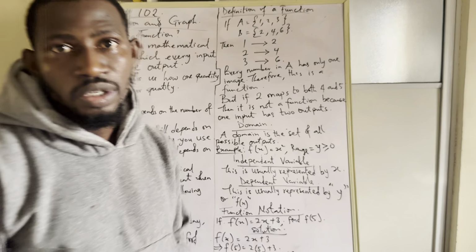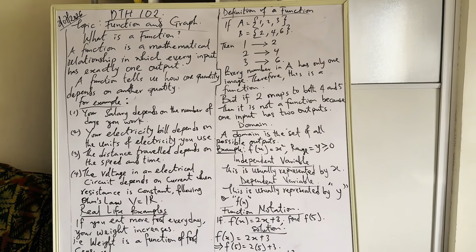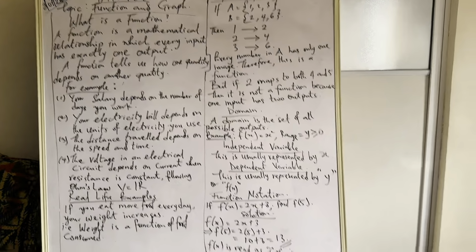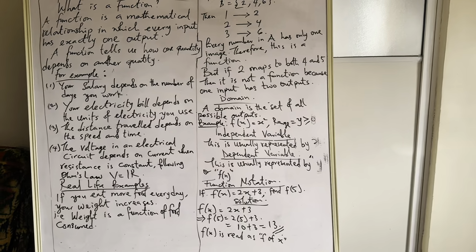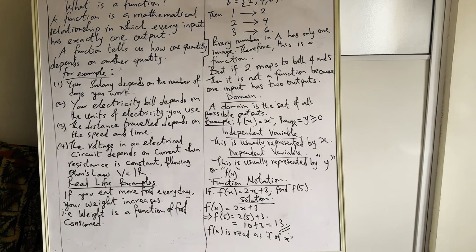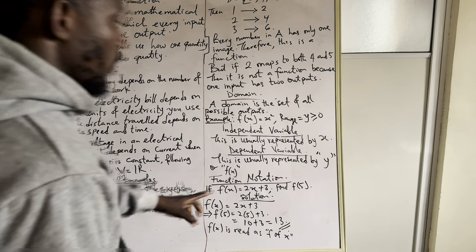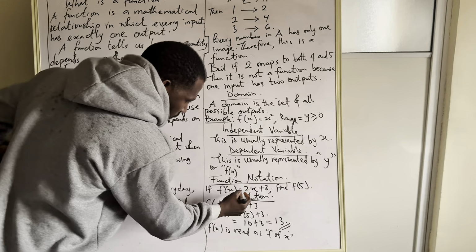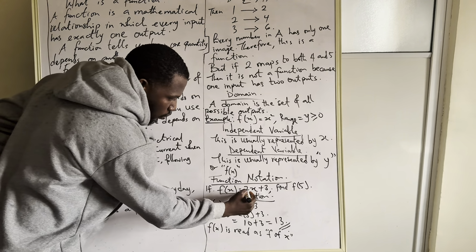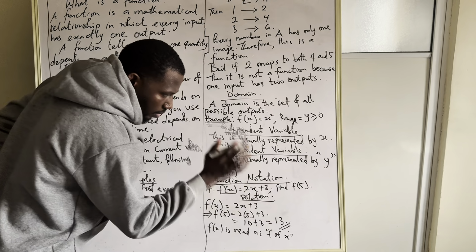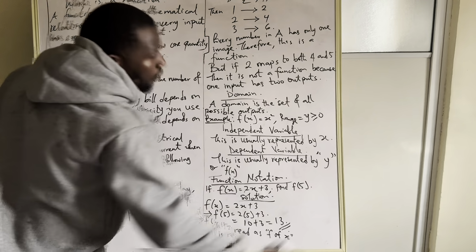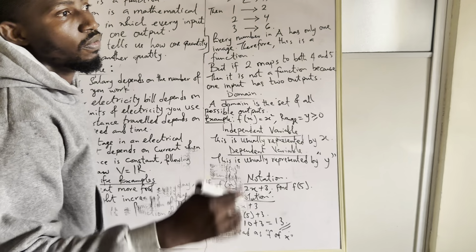Now, function notation. Let me bring it down so that we can see everything clearly. If f of x equals 2x plus 3, find f of 5.